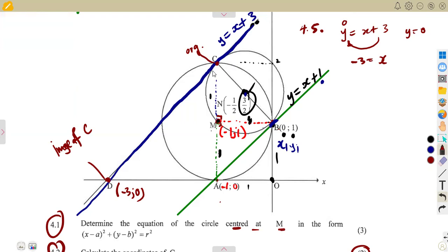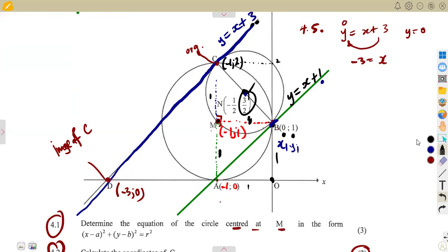So remember what happened at C, it was minus 1, 2. So the point minus 1, 2 was transformed to minus 3, 0. This is what happened. A point is transformed from minus 1, 2 to minus 3, 0 along the tangent.